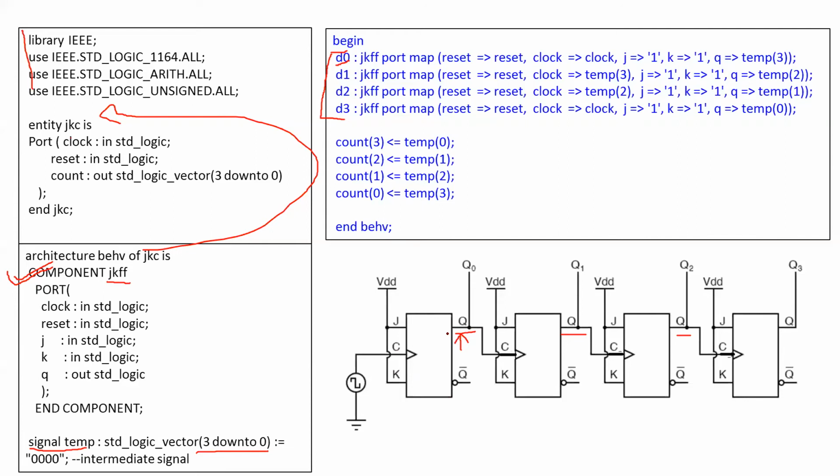So we know in a JK flip flop, for an up counter we require the value of J and K to be 1. So I have simply written J value 1 and K value 1, and then the reset value is assigned with a reset signal. Whenever a reset value is given, then only it will work, otherwise it will not work.